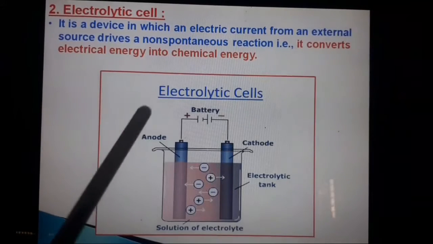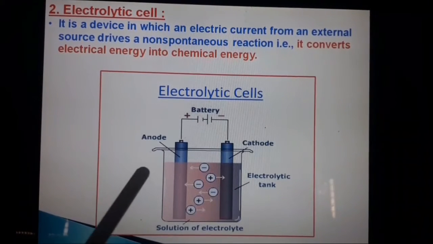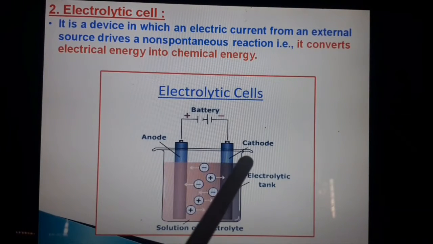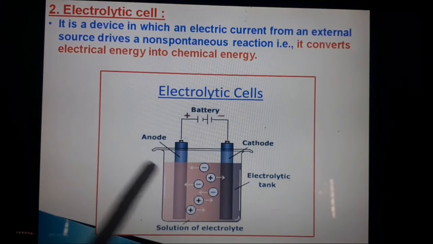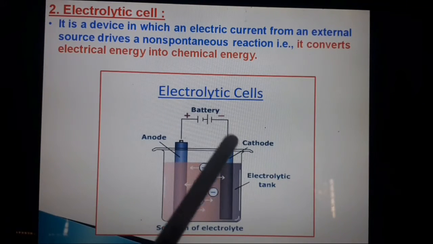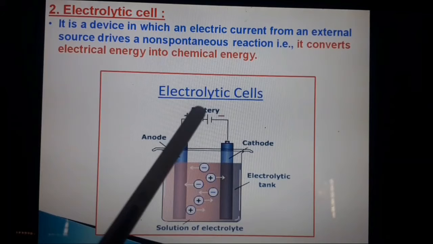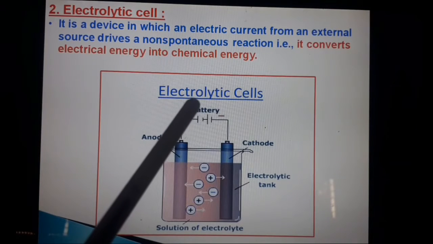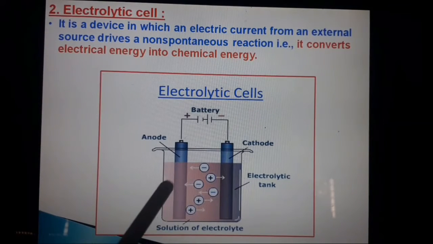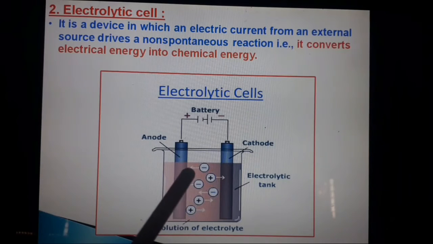For example, see the image: one solution is taken in a beaker with two electrodes, anode and cathode, connected with an external battery. The electrolytic solution has positive and negative ions, that is cations and anions.